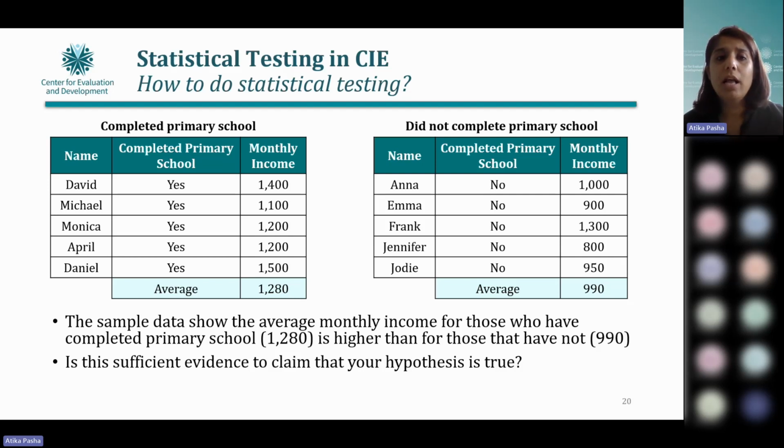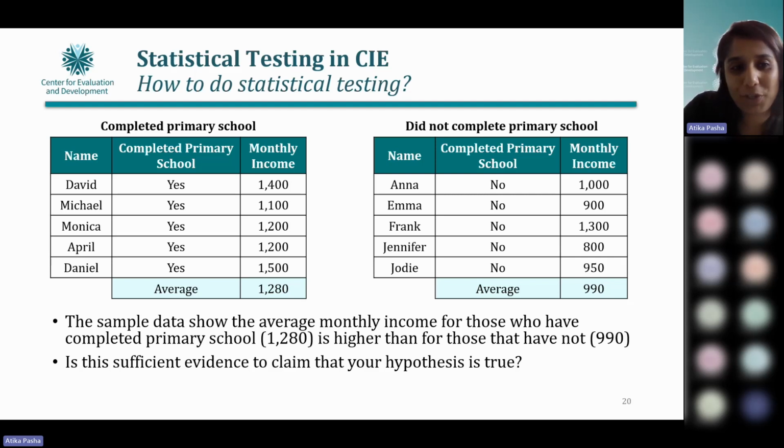If one was to take the average of their monthly income, which is simply summing all of their incomes and dividing it by the number of individuals, which is 5, we get 1,280 units as the monthly income for those who completed primary schooling. Simultaneously, when we look at the group that did not complete primary schooling, the average income is 990. So what we conclude, very simply, is that those who completed their primary schooling have a higher average monthly income than those who did not.